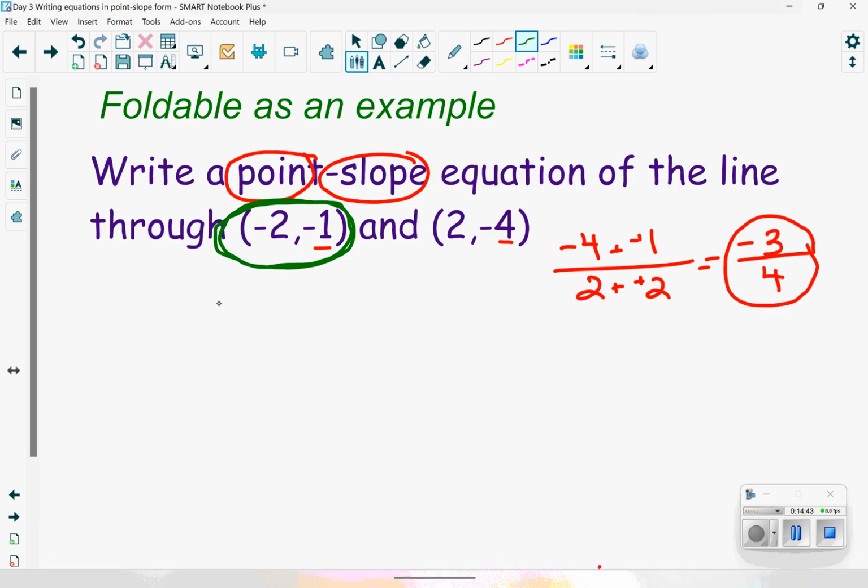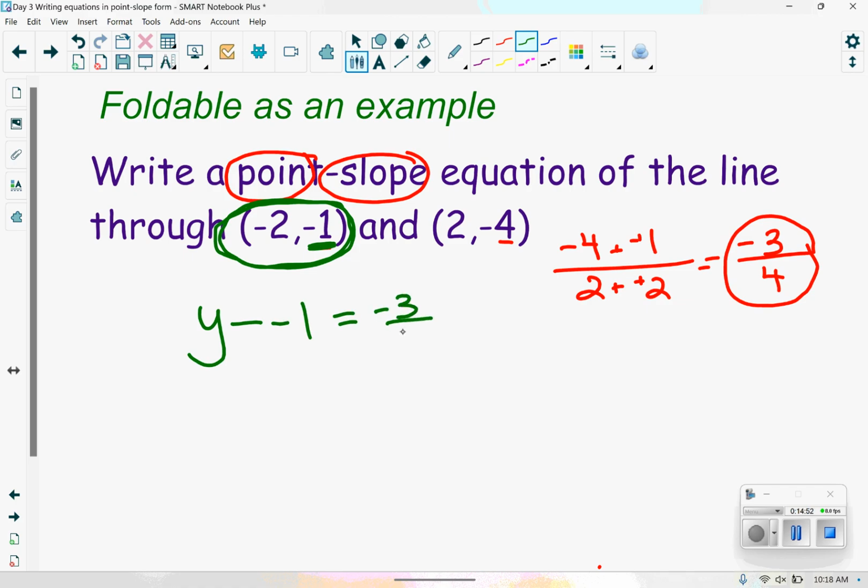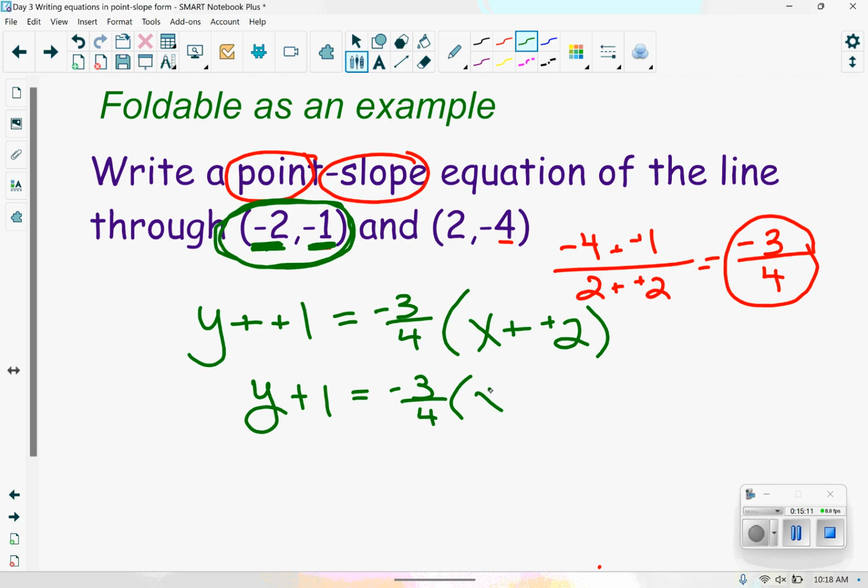So it's going to be y minus the y of my point, which is -1, equals my slope, which is -3/4, parentheses, x minus the x of my point, which is -2. Oh, lots of double negatives there. So let's clean that up. It'd be y plus 1 equals -3/4 (x plus 2). Simple, simple. Got it in the foldable.